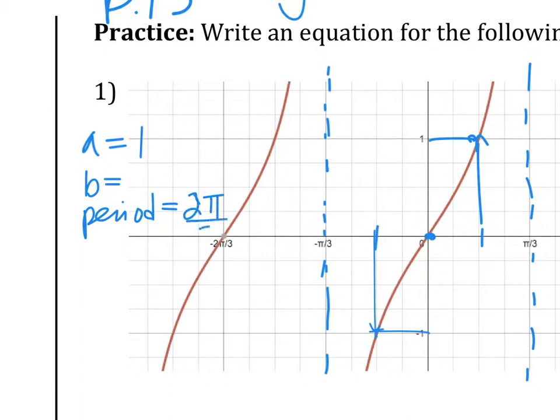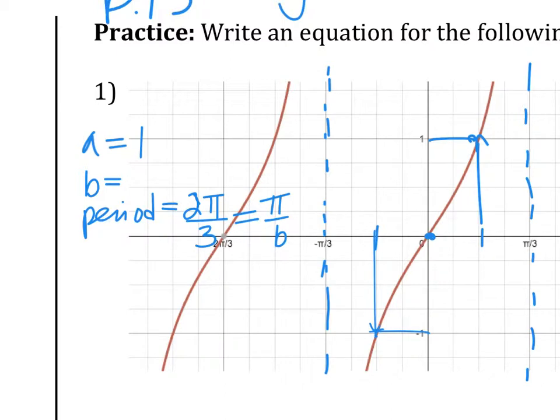All right, this is a little bit tricky. 2 pi over 3 is equal to what? What is the period formula for tangent? Pi over b. Please don't set it to 2 pi over b. We only use 2 pi over b for cosine, to figure out where the asymptotes are.